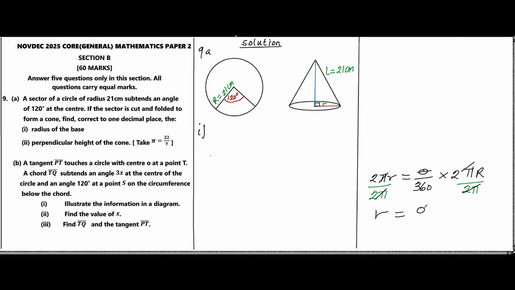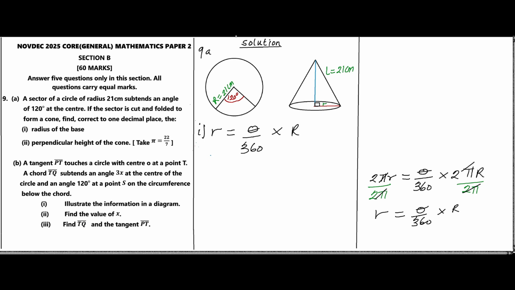So we have theta over 360 times R. So let's take note of this formula. To calculate the radius of the circular base of the cone, r is equal to theta divided by 360 times the radius of the sector.